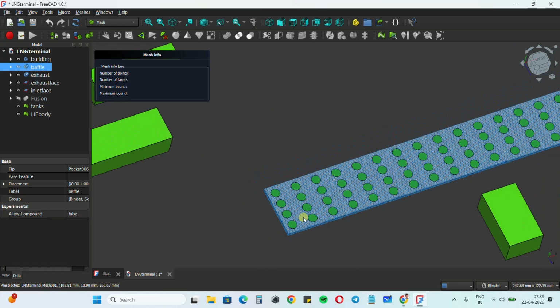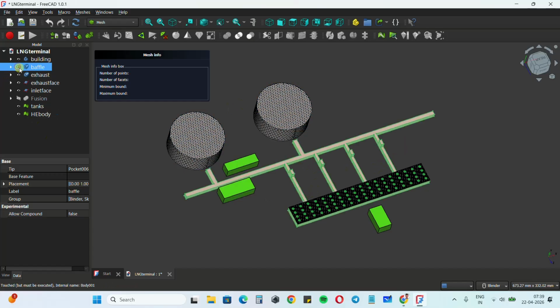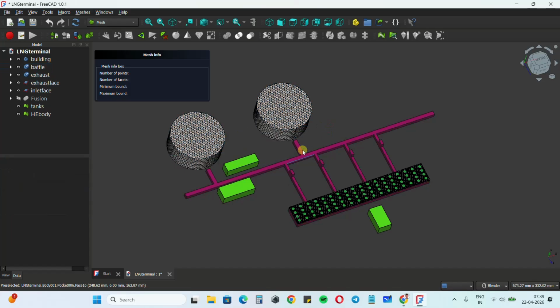If you just export it without having enough tessellation, that can also affect the quality of your mesh. So that's our geometry, and I have exported these mesh objects and all other geometries as STL files and stored them within the constant triSurface folder.